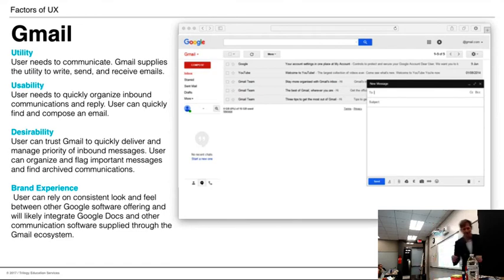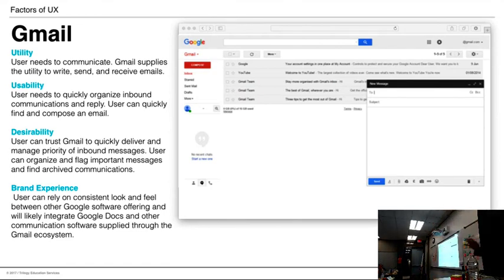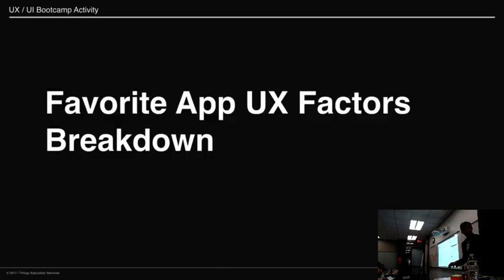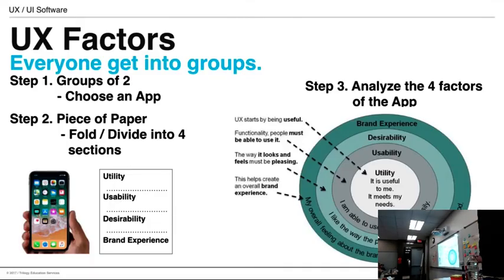Now, what we're gonna do, we're gonna do this really quickly. So everybody get out a sheet of paper. Get in groups of 2, and we're gonna do this for an app that's on your phone. It doesn't matter which one it is. Just choose it quickly. Divide your page into 4 aspects, and we're just going to write quickly.